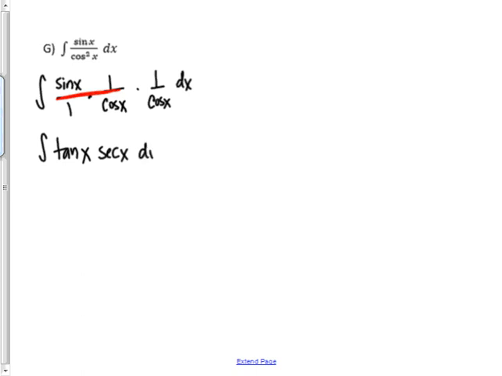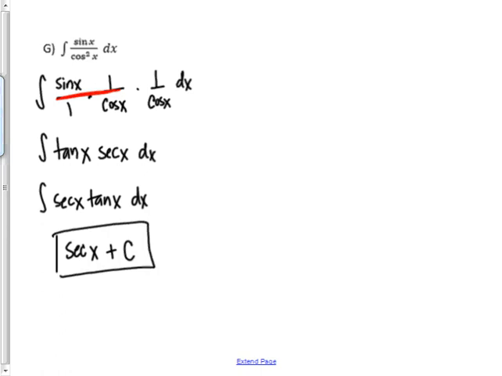And I do have a rule that the integral of secant x tangent x, I'm going to write it how I'm used to seeing it. The derivative of who is secant x tangent x? It would be secant x, or secant x plus c. I was thinking I was in thetas, but these are dx's.